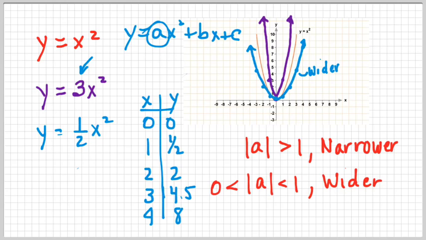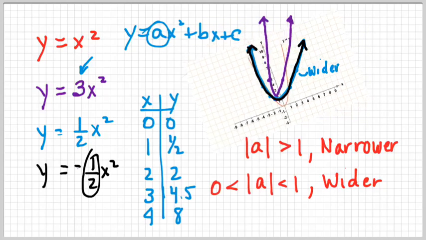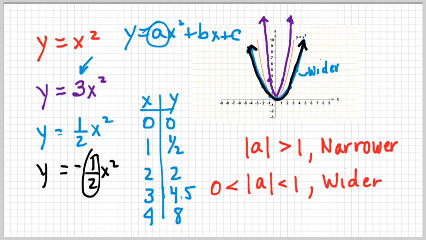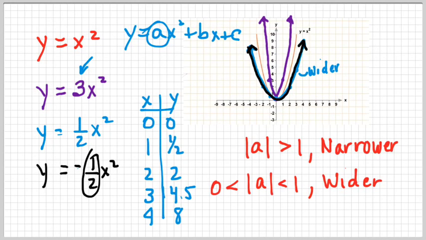So had this been y equals negative a half x squared, the a value of a half would make it exactly the same width as that blue one. However, instead of the black one being right side up, it would actually have been facing downward. Okay, so the negative sign controls it up and down.